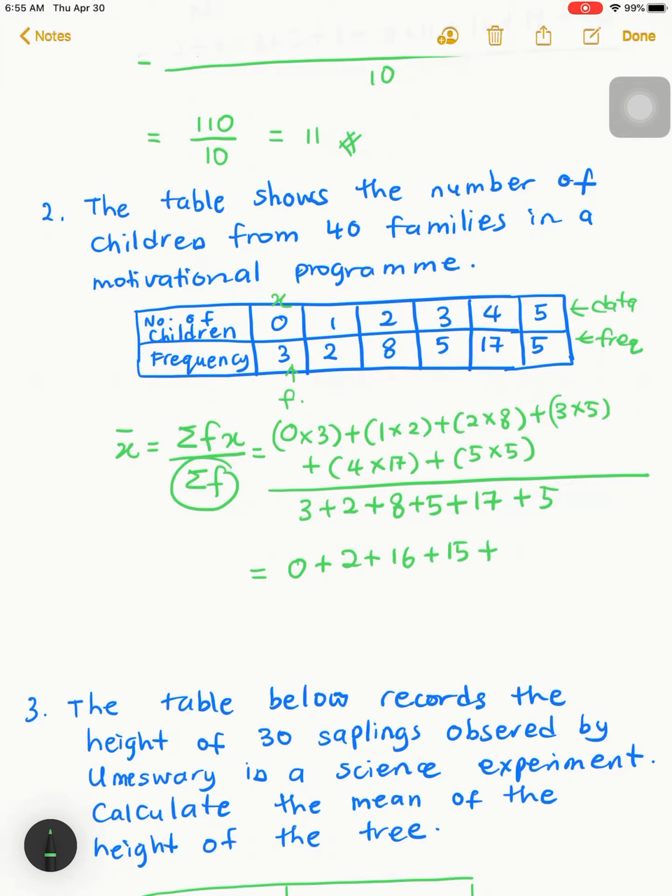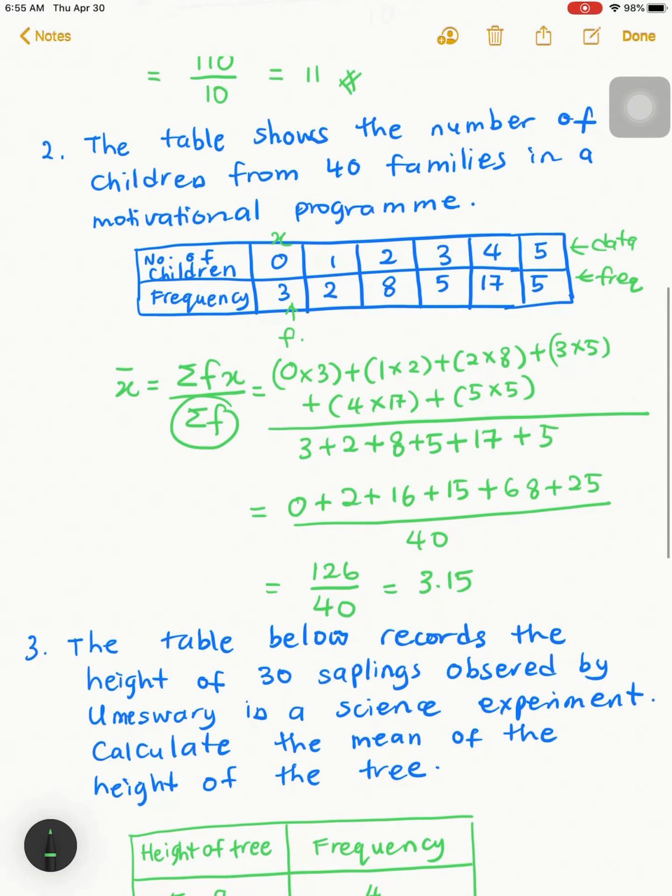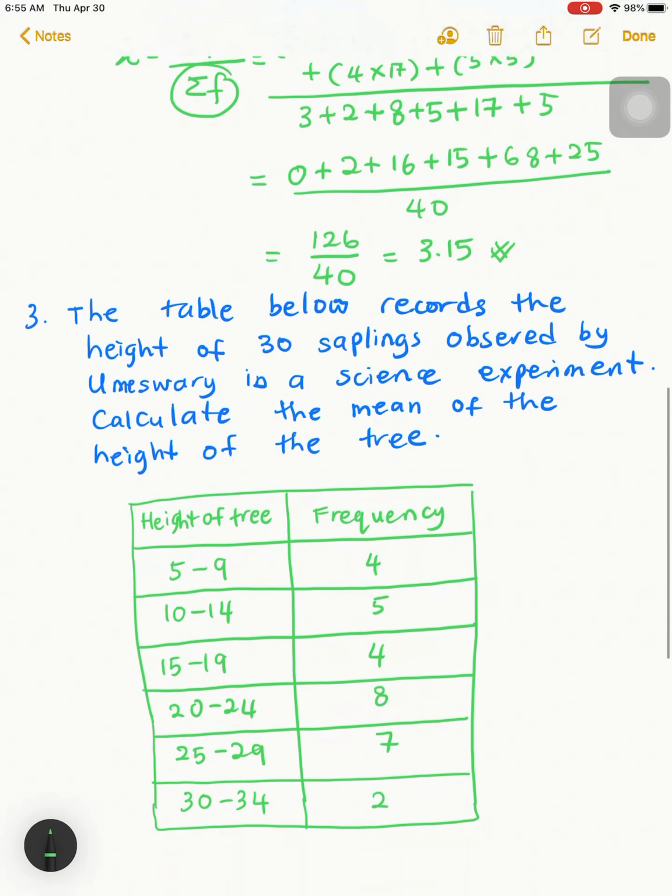Let's start to calculate. 4 times 17 gets 68, plus 25, over 40. So you will get 126 over 40, which equals 3.15. So that is the average.